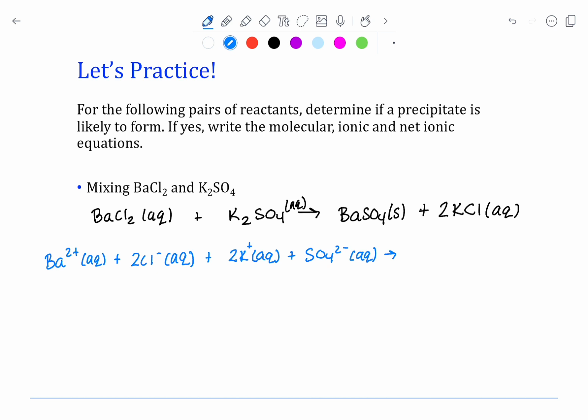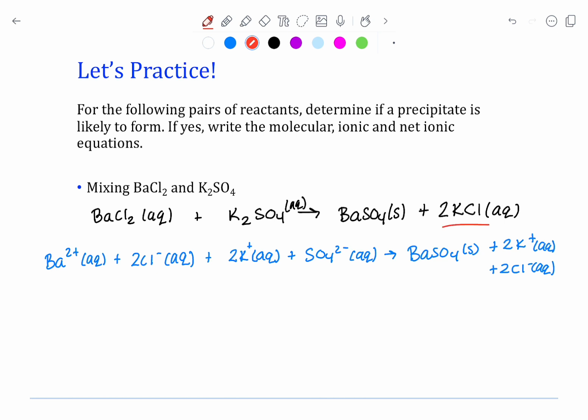That creates barium sulfate, which we keep together because it's our solid, plus 2 potassiums and 2 chlorides. Okay, that is our ionic equation.